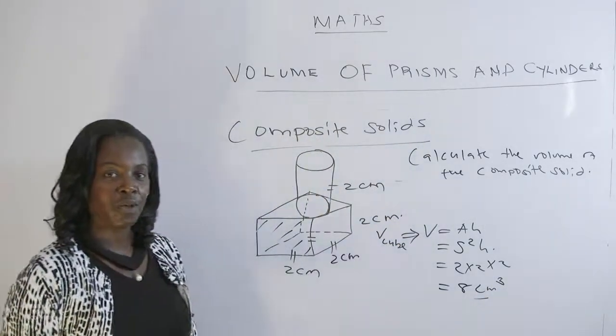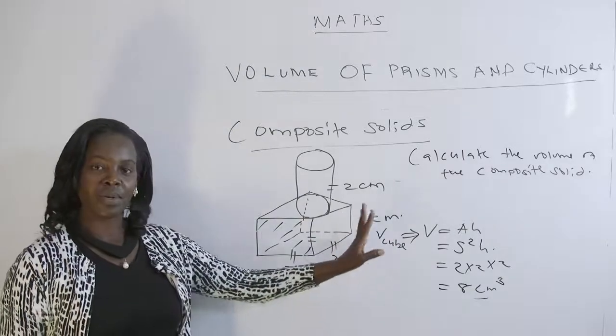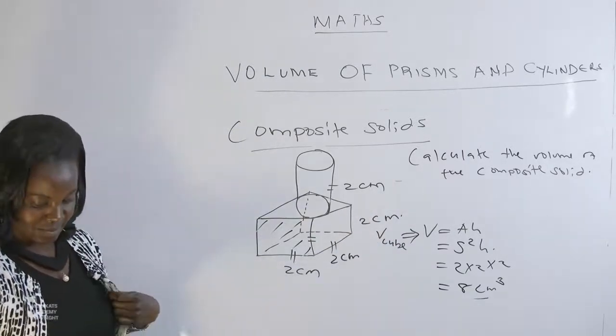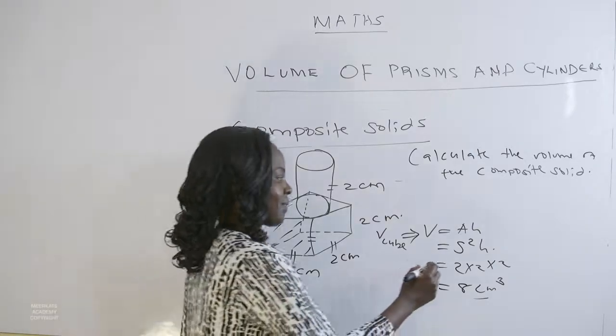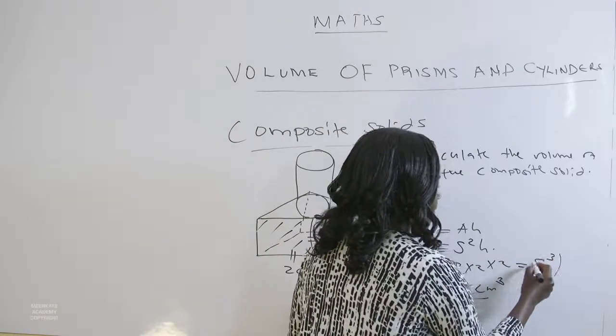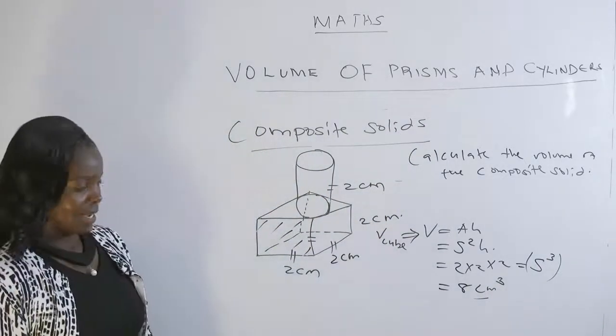That is the volume of the cube. The volume of the cube is S squared H, or S cubed, because all sides are equal.